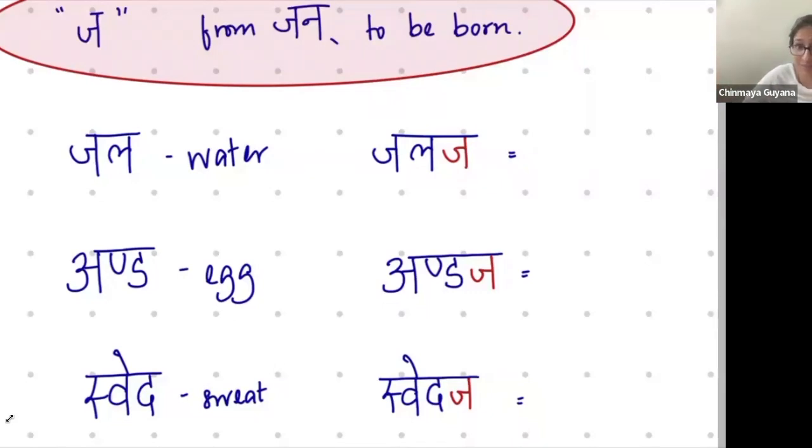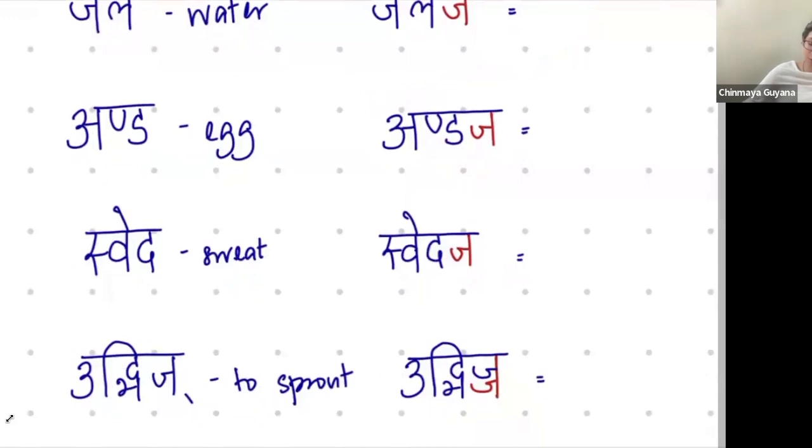Sveda means sweat. What is Svedaja? What is born from sweat? Germs, lice. Svedaja refers to all these kinds of germs and bacteria that are born from sweat. See the Rishis thinking? They knew this also. Huh? Okay. Last one. Udbhij is to sprout.